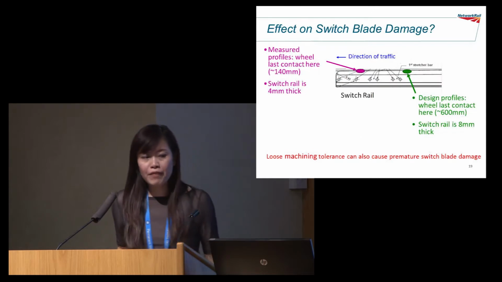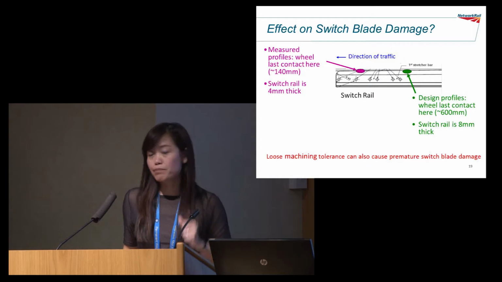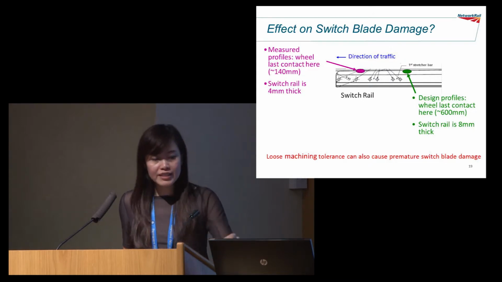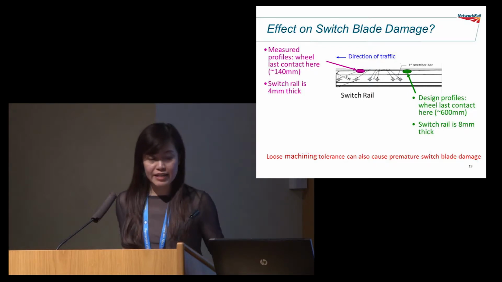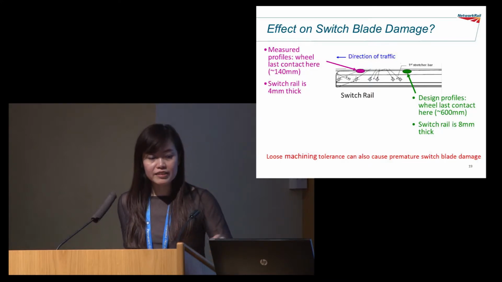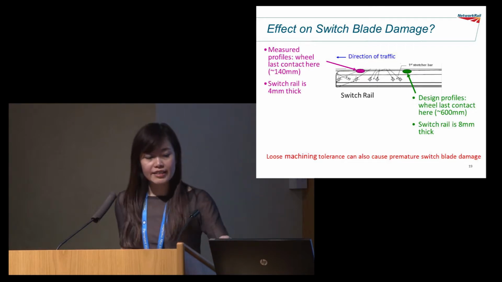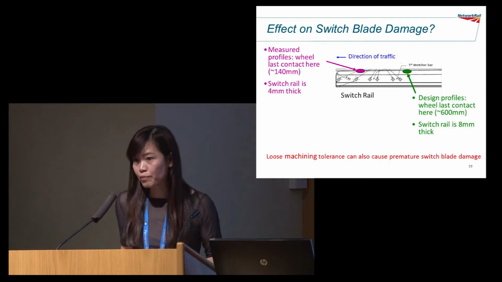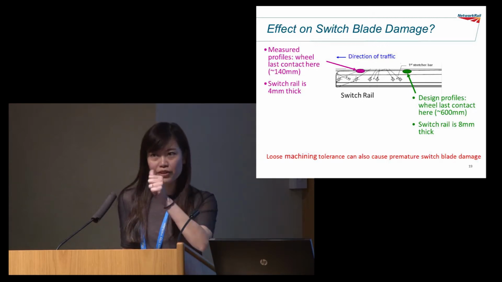We also found that this loose machining tolerance has an effect on switch blade damage. This figure here shows that using those measured profiles, I ran a Vampire analysis and showed that with design profiles, the last contact on the switch blade in the trailing direction is 600 mil from the toe. At that position, the switch rail is 8 mil thick, so it's good.